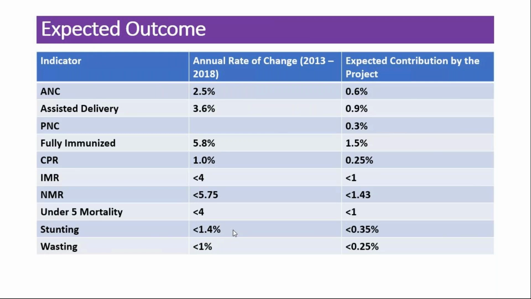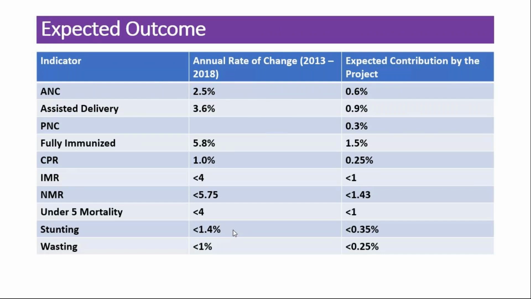Like assisted delivery, there is an annual rate of increase of 3.6%, and this project will add 1% more. Likewise, in full immunization, this project will add a 1.5% increase per annum. In CPR, it will add 0.25% per annum.